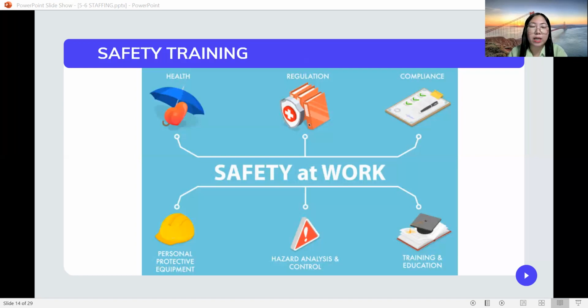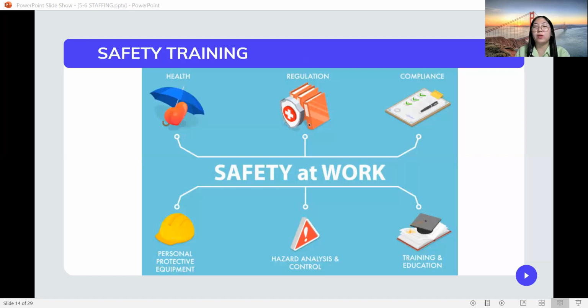So dapat magsuot tayo ng PPE and sundin natin yung mga rules and regulations to that certain works natin. So safety training can also include the evacuation plan, the fire drills, and workplace violence procedures.